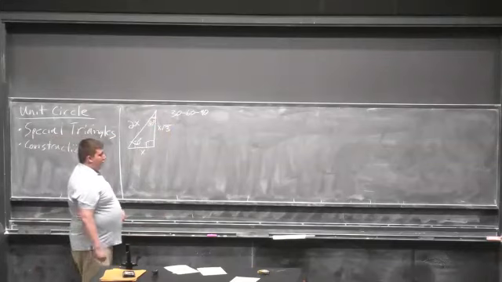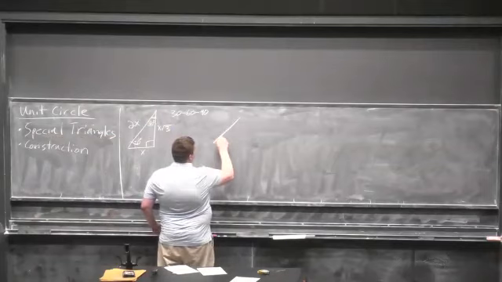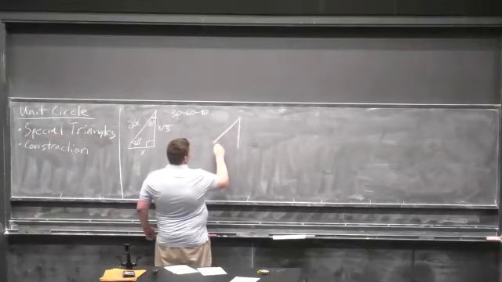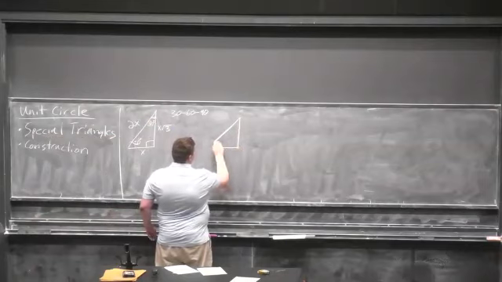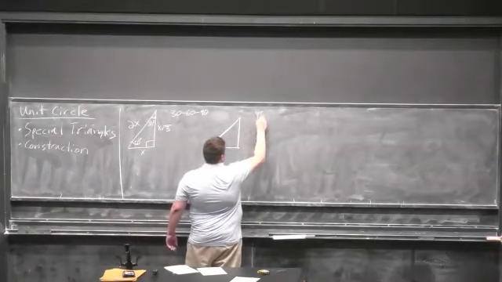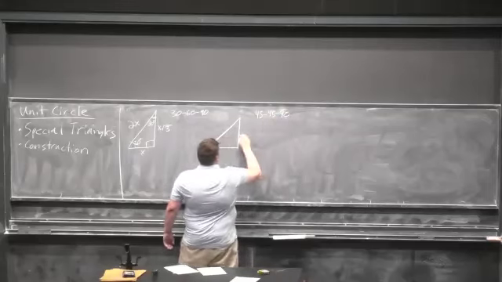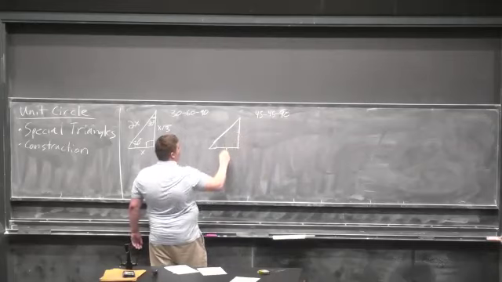Another special triangle is the isosceles right triangle, or it might be known as the 45, 45, 90. What that means is our angles are equivalent at 45 degrees.